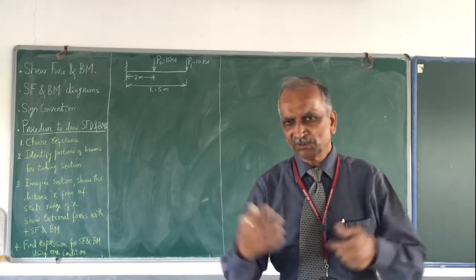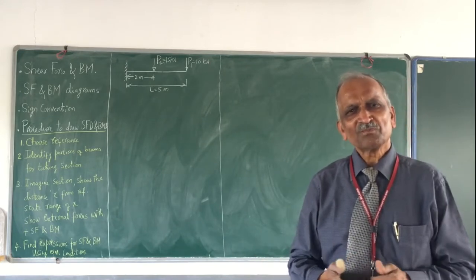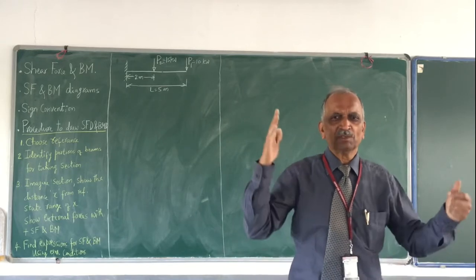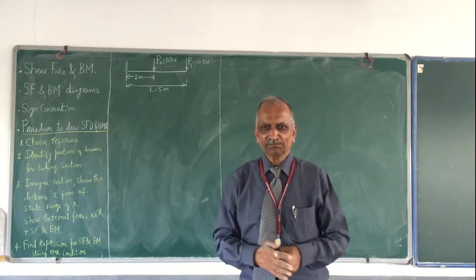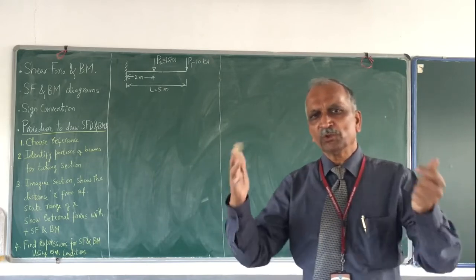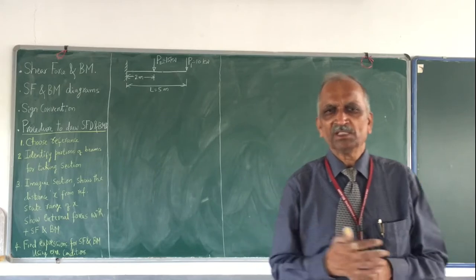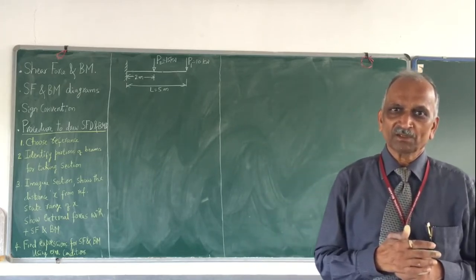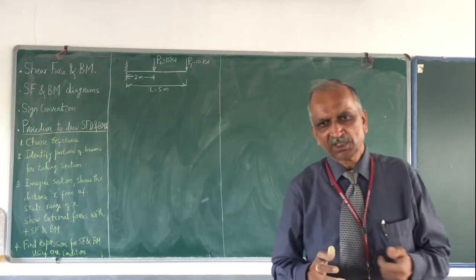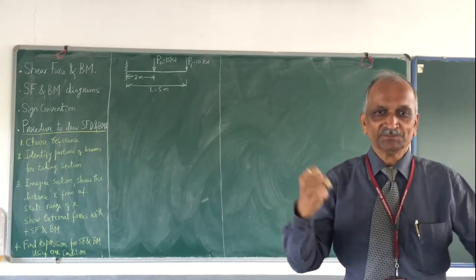So these are the different beams as I mentioned. For these beams, if I take a section, the section is going to be normal to the axis of the beam. So I cut it, and take one portion of the beam. As we all know, that portion must also remain in an equilibrium state. It is not going to remain in equilibrium unless the material at the section develops something.